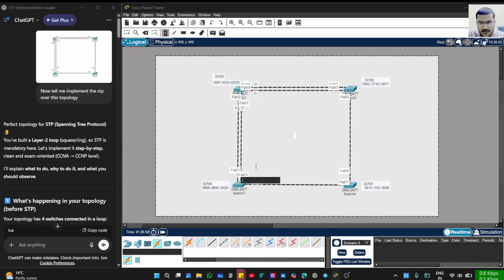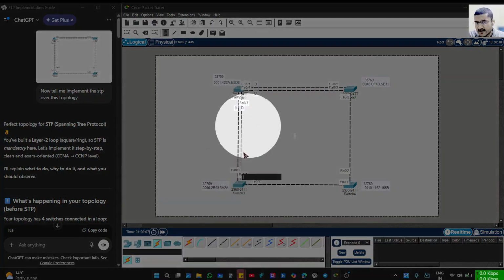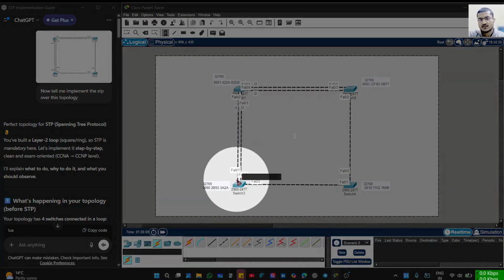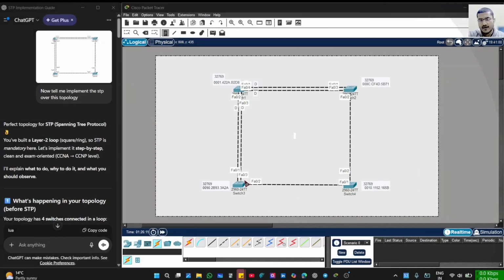So for this, one should work for connectivity and one should be blocked. We have to give it R, which is the root port for this. And how can we consider which port would be a root port?